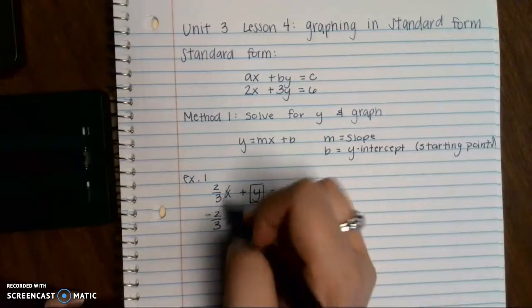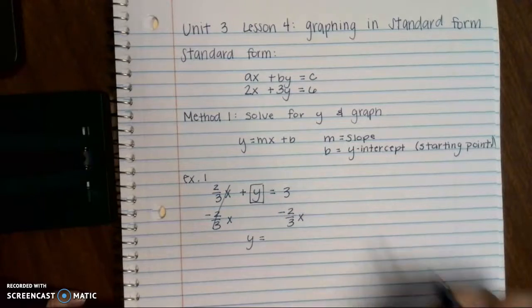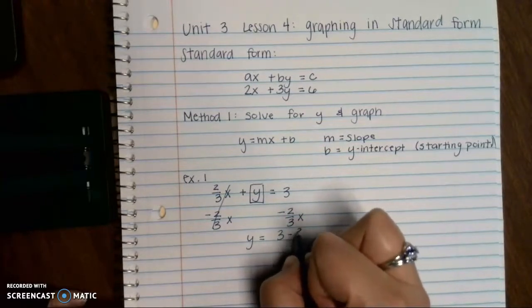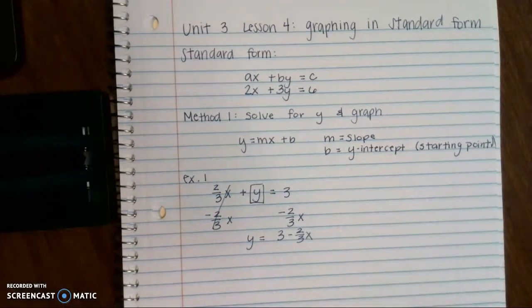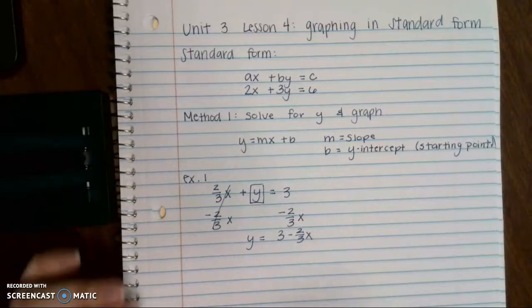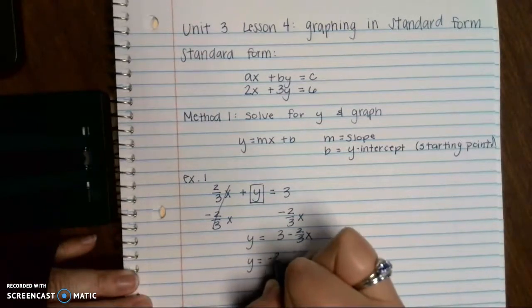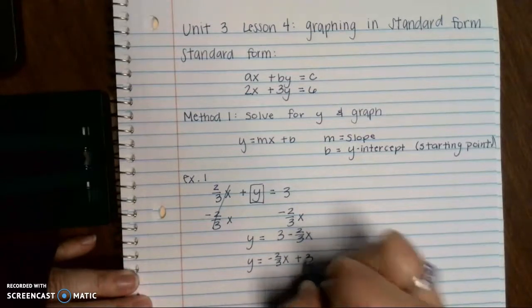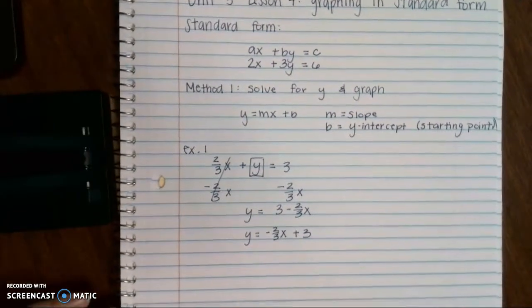When we subtract 2/3 x, it cancels out over here. I'm left with y is equal to 3 minus 2/3 x, which is the same thing as y equals negative 2/3 x plus 3. So you can write it either way you want, whichever one you are more comfortable with.